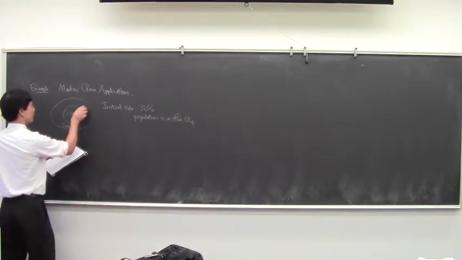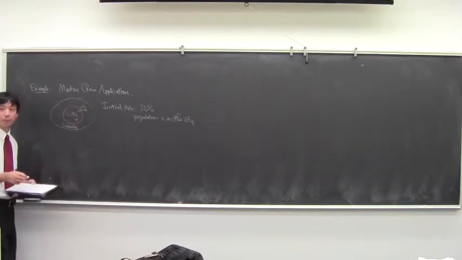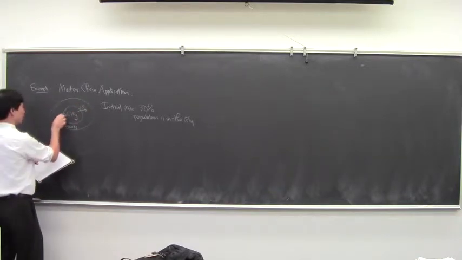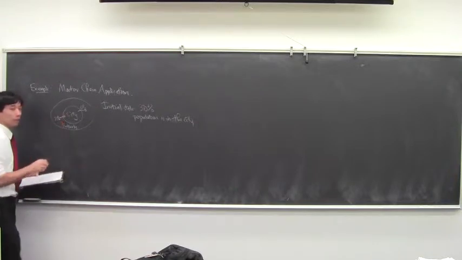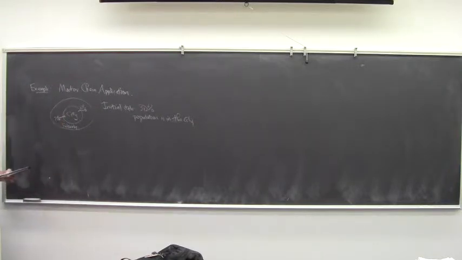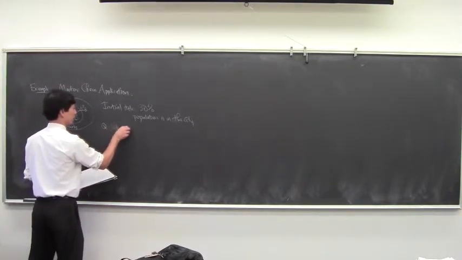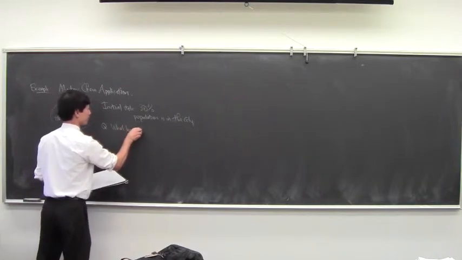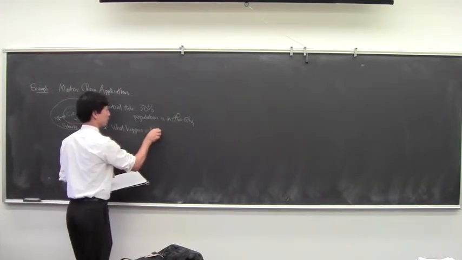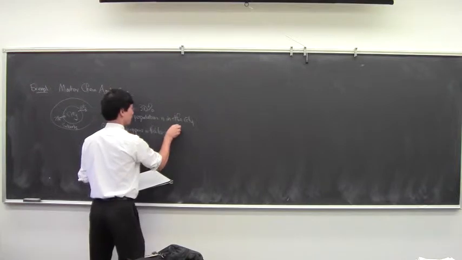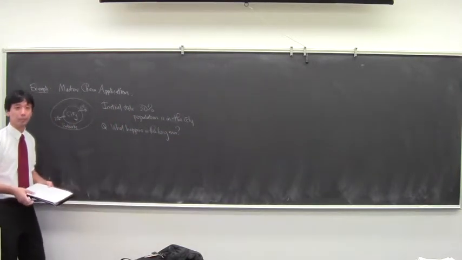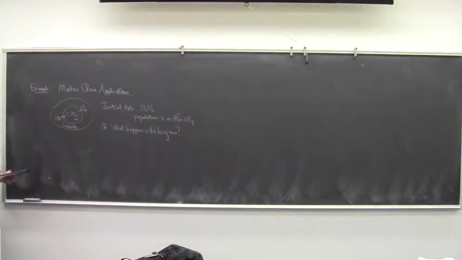That is, 6% of those in the city leave and they go to the suburbs. 2% of those in the suburbs decide to go to the city. And you'd like to know what happens in the long run, say. Does this reach some sort of equilibrium state, for example?